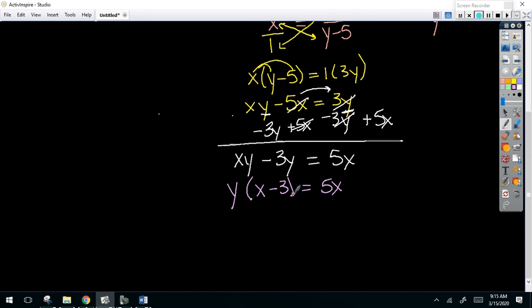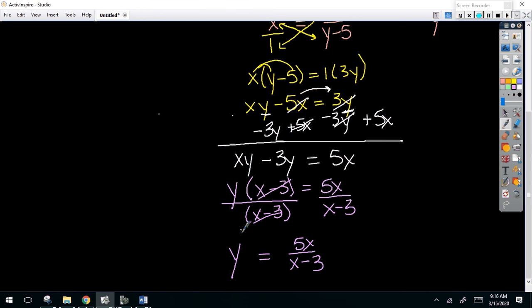Now, because this is in parentheses, if I just divide by this entire set of parentheses, which is fine, you can absolutely do that, I end up with 5x over x minus 3. So it looks very similar to what I started with, but there's my inverse, okay? So switch x and y and solve for y. Again, that one's a little bit of a harder solve, but that's okay.